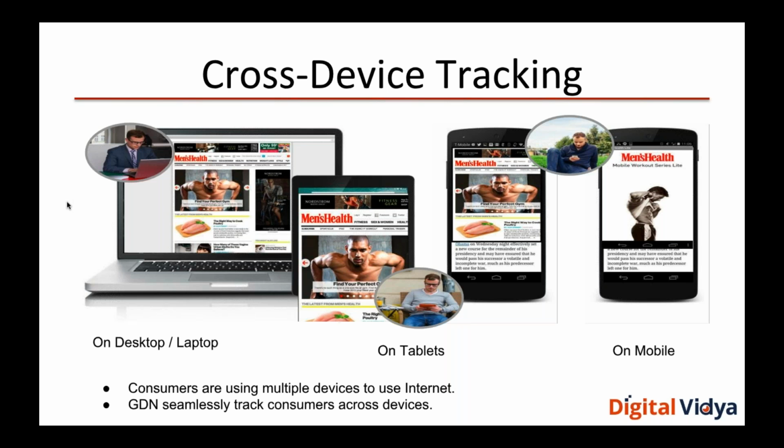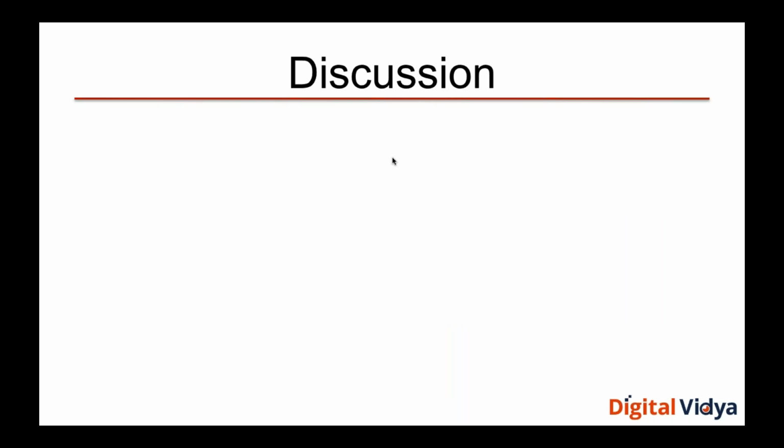So user behavior happens across devices normally, and AdWords can help you get accurate reports, which we call cross device tracking, so that you know from where you are getting the initial leads, how the users are converting, which device is giving you maximum returns, or what device is generating maximum traffic for you. You get all these classifications from the Google AdWords reports. So cross device tracking can be seamlessly done using Google AdWords.